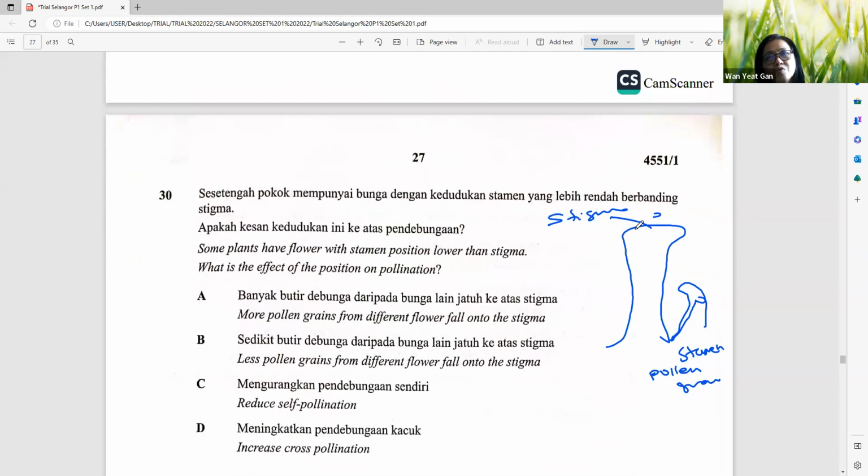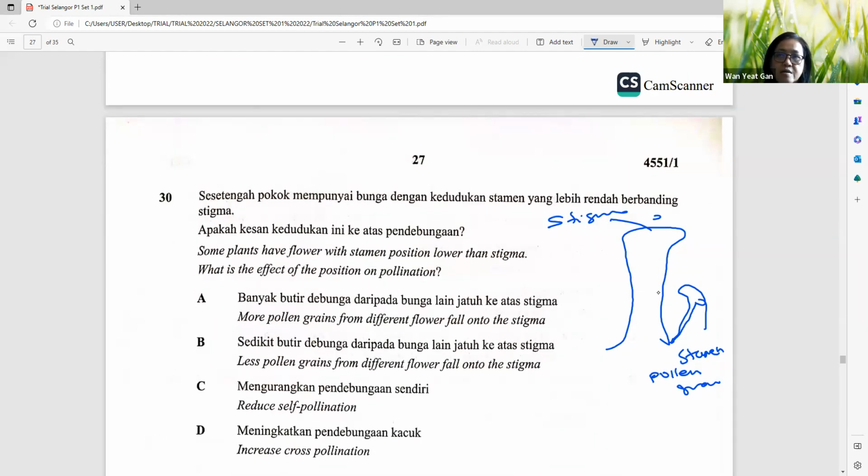Okay, so for this flower here, the pollen grain is quite hard to drop on itself. So most likely, more pollen grain from other different flowers will drop onto the stigma.